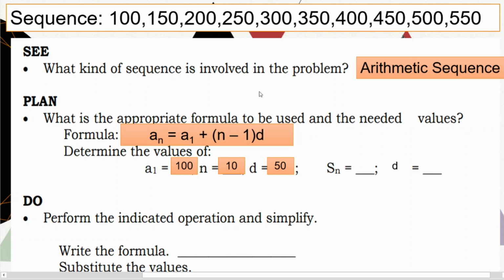So this sequence is an arithmetic sequence, and we have to use the formula: nth term is equal to the first term plus the number of terms minus 1 times the common difference. And given here is the first term, that is 100, the number of terms, that is 10, and the common difference, that is 50.